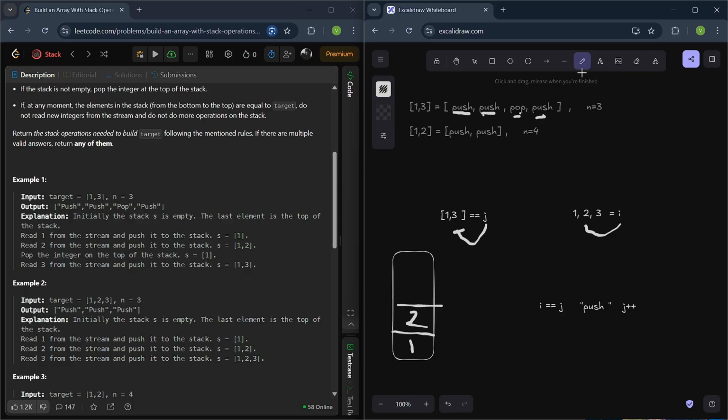So we have to insert 2. If they are not similar, if i is not equal to j, then we are going to use first push, and we have to remove it also because we don't want it.